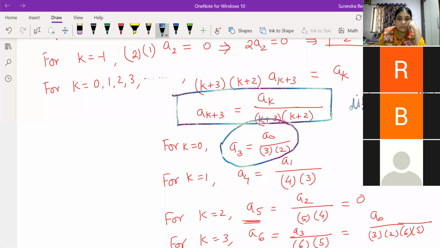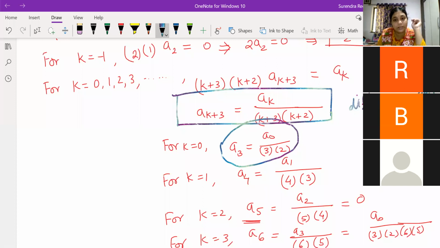This relation is also known as recurrence relation or difference equation. So calculating recursively values of A0, A1, A2, A3 and so on, I will get all values of AK plus 3 if I know A0 and A1. A2 is already 0.